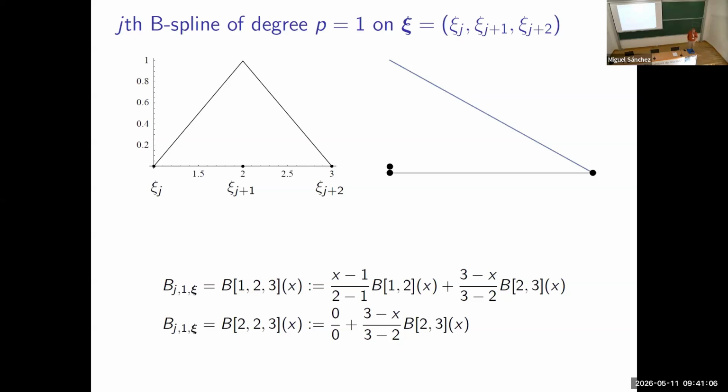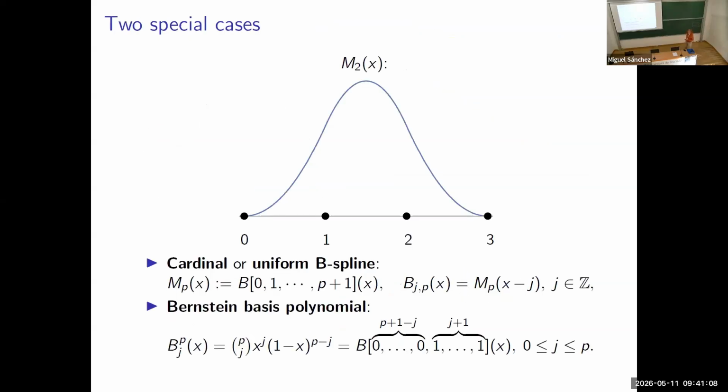If you don't want to use a simpler explicit form. There are two special cases of B-splines which occur frequently. These are what are called cardinal B-splines or uniform B-splines. MP is a B-spline where the knots are the integers 0, 1 to p plus 1.